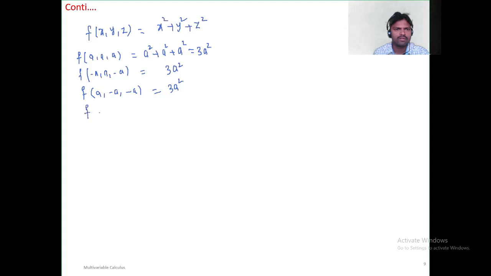And f of minus a comma minus a comma a: again 3a square only. But every time I am getting only 3a square, and what I want is the minimum value. Is it minimum or maximum? How to decide? We don't know, because at critical points, maxima or minima occur.